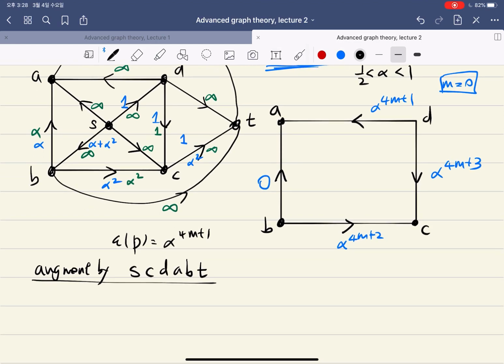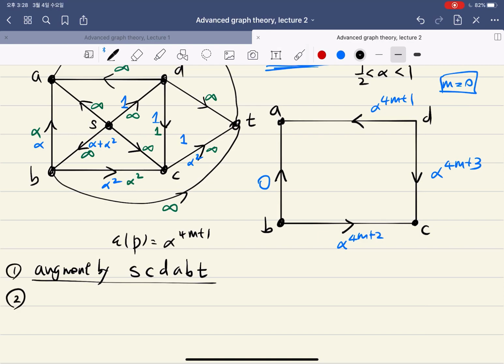So this is the new flow. And of course, the values on this edge and this edge have increased, but let's not keep track of it because it's not so important. Because its capacity is infinite, we can keep increasing whenever we want.